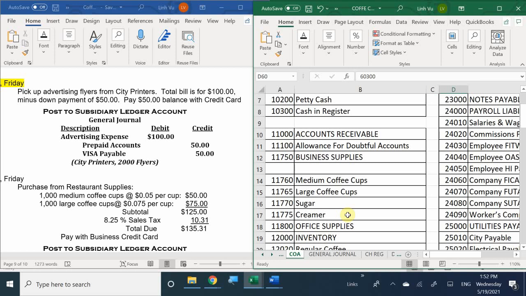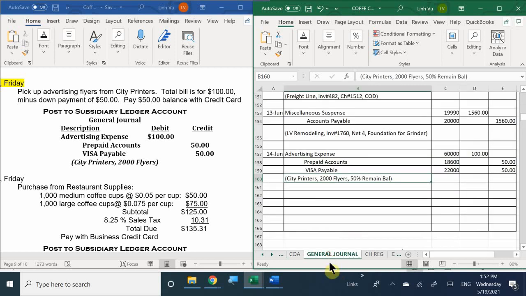And how did we pay for it? We paid with a Visa credit card. So put the date there. We have medium coffee cups and large coffee cups, and we paid using our Visa credit card.